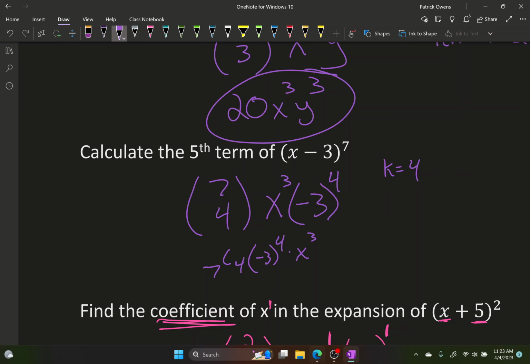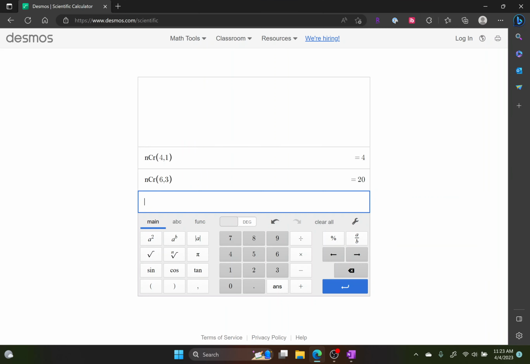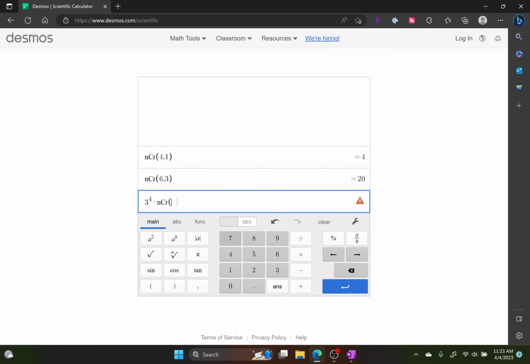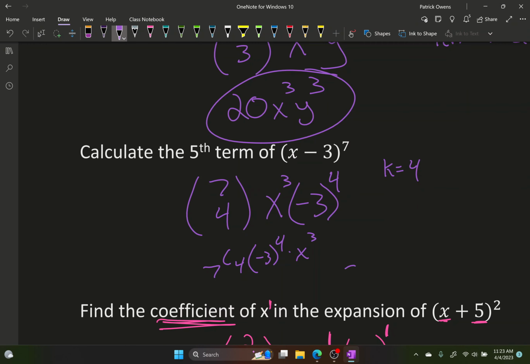Or in this case, if you know that it's a negative number to an even exponent, it's just going to be positive. So you can put in just 3 to the fourth and then multiply that by 7c4, and we get 2,835 x cubed for this fifth term.